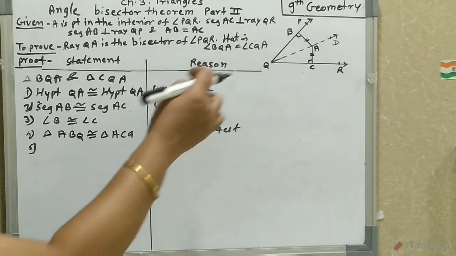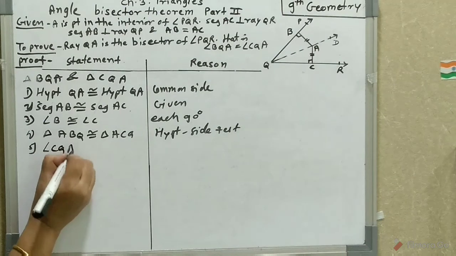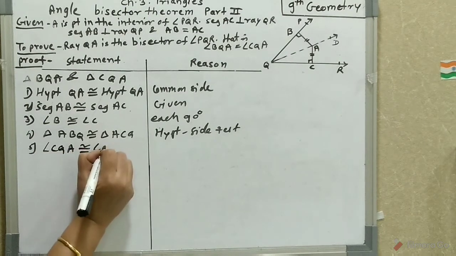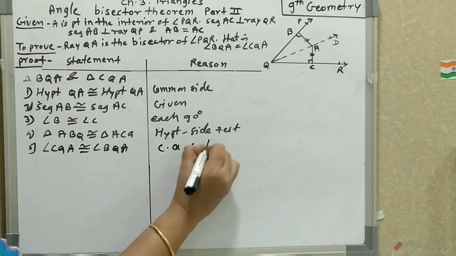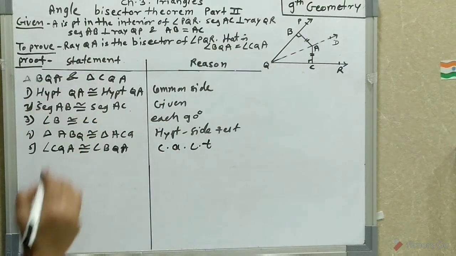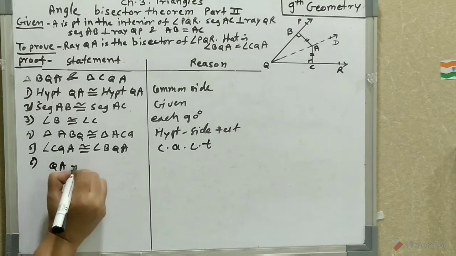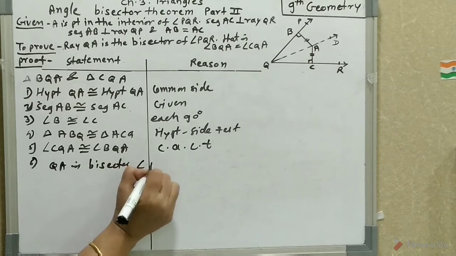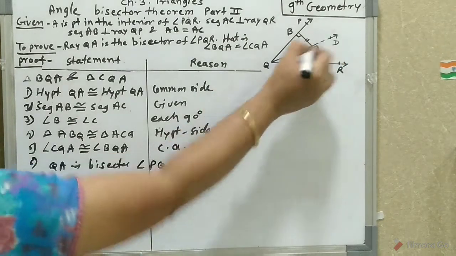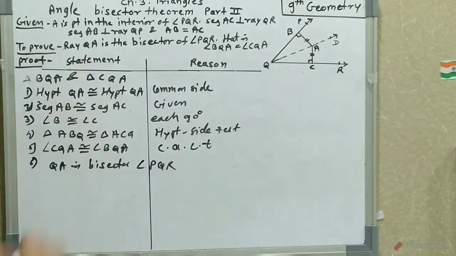Angle CQA is congruent to angle BQA, because they are corresponding angles of congruent triangles. This angle is also congruent, and therefore QA bisects angle PQR. So this QA bisects this angle PQR.